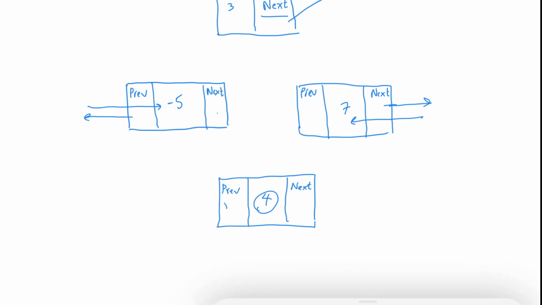And then we're just going to constitute those pointers between the nodes that are now going to be next to each other. So this pointer is going to go back to pointing right here, and this pointer is going to go back to pointing right here. And I think that's pretty much it. So that's basically adding and deleting in a doubly linked list.